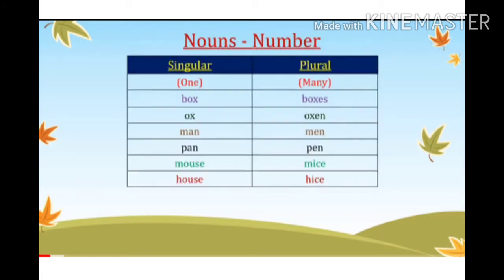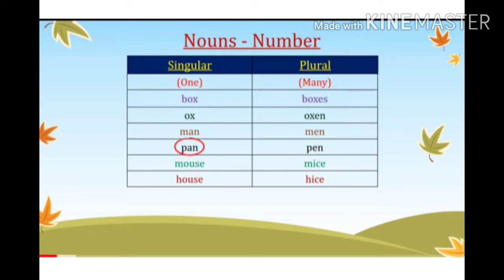One box is a box and many are known as boxes. One ox is an ox and many, oxen. One man is called a man and many are known as men. So similarly, one pan should be called a pan and many should be called pen.